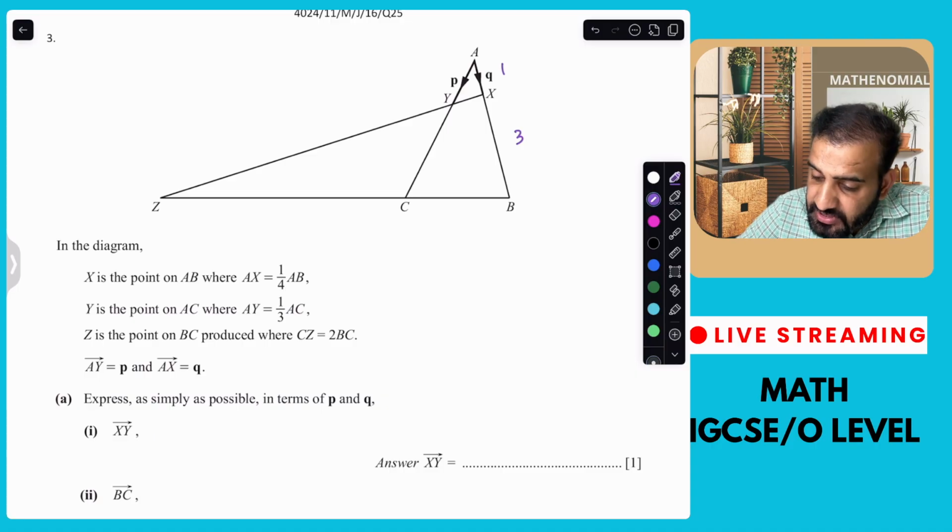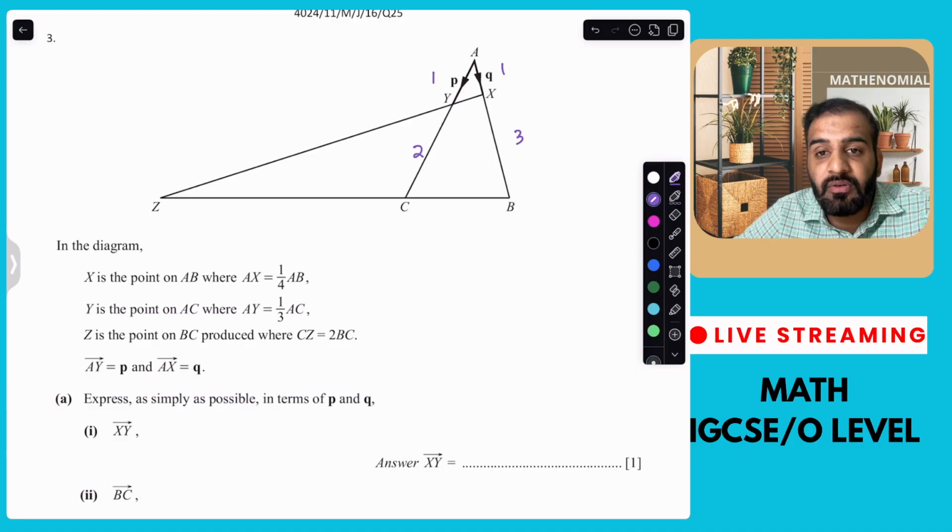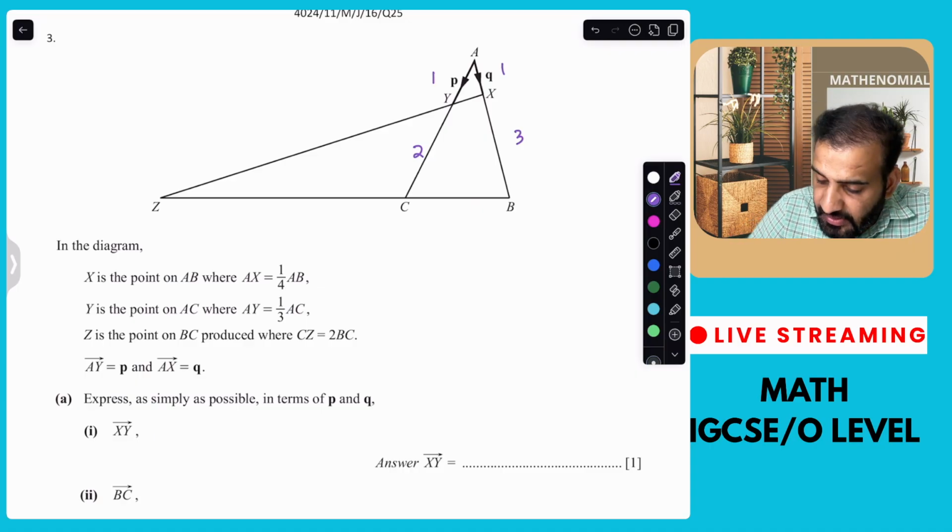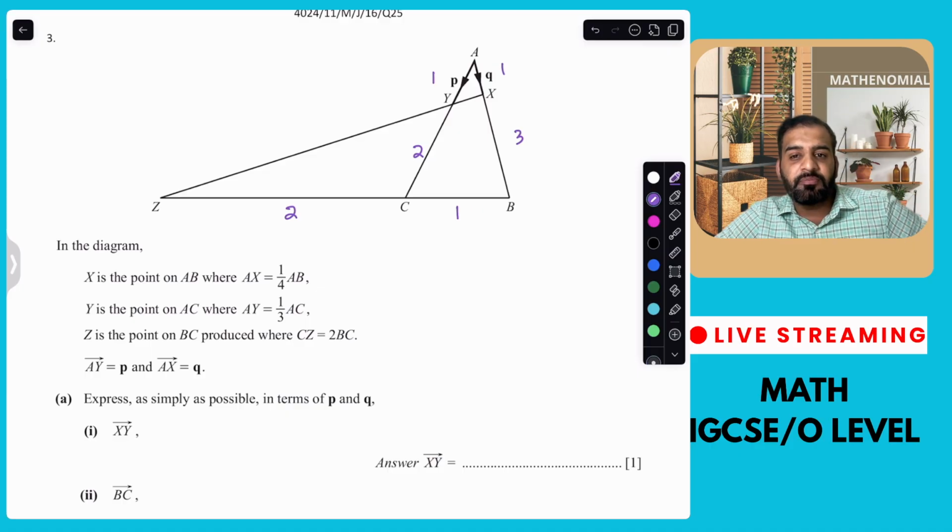So this is 1, this is 2, right? Z is the point on BC produced where CZ is equal to twice of BC. Okay, twice of BC means this is 2, this is 1. Okay, CZ is twice of BC, and AY is P, AX is Q.